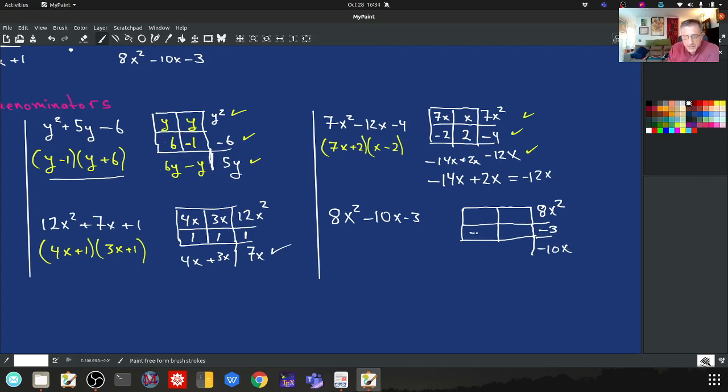So minus 3, I'm going to do minus 3 and 1. For 8x squared, there's never minuses in the first row. 4x and 2x. So 4x times minus 3 is minus 12x. And then 2x times 1 is plus 2x. And minus 12x plus 2x is indeed minus 10x. So all of my boxes are checked. So the factorization is 4x plus 1, 2x minus 3.